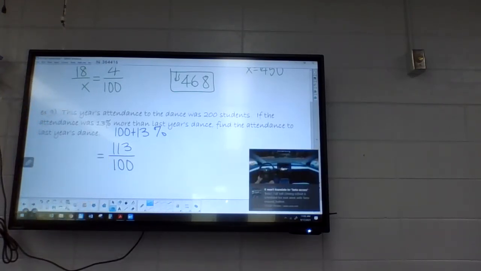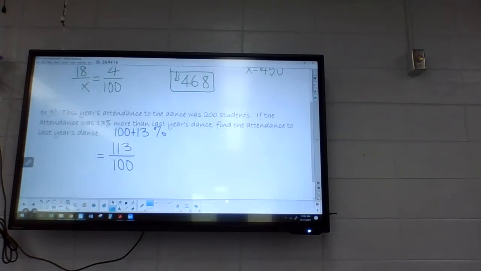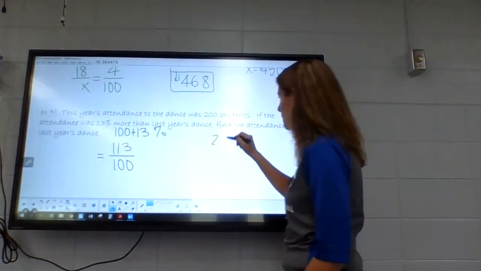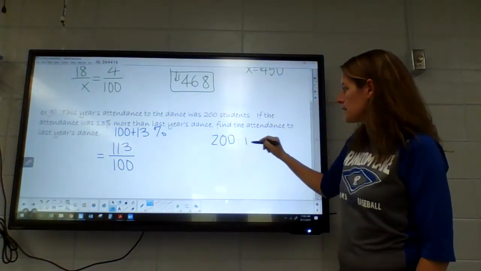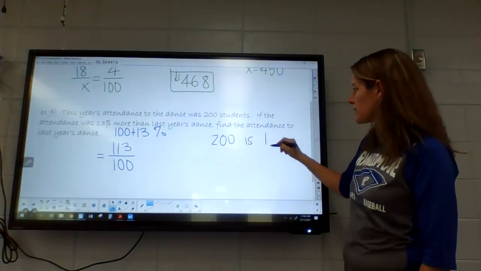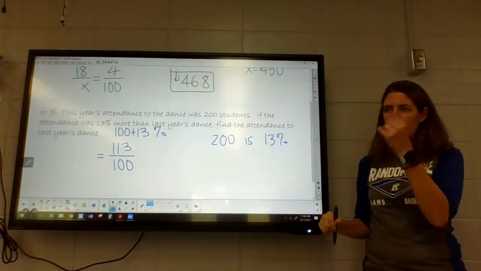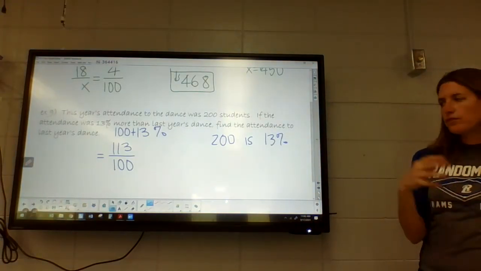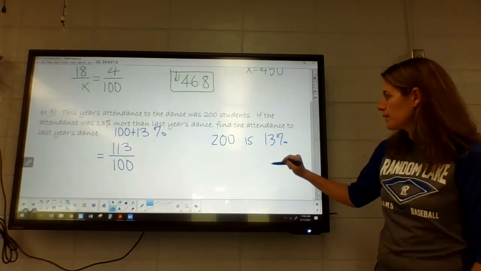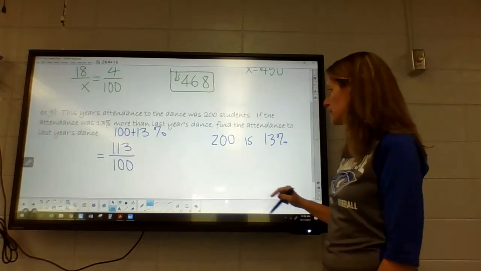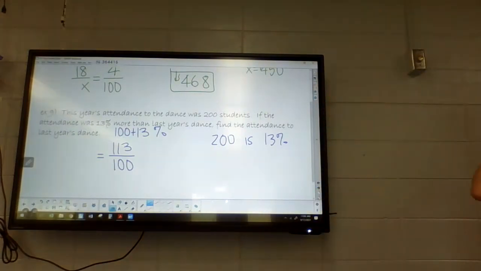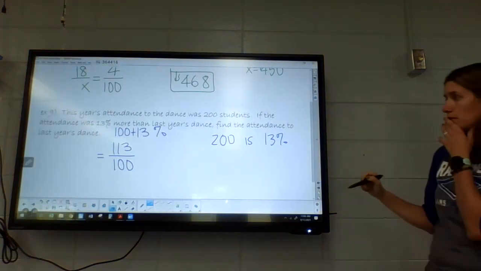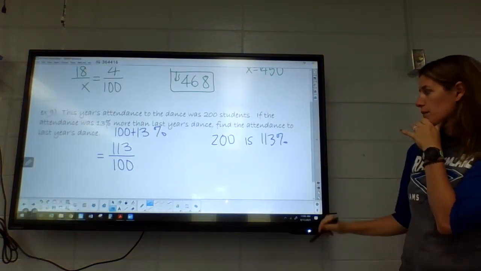This year's attendance, so the 200 students, is 13% more than last year's. So 200 is 13% more than last year's, wait, sorry, am I saying that right? 200 is 113% of what number, right?